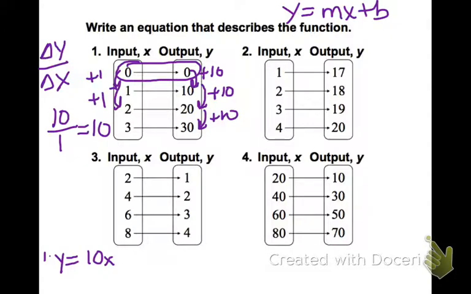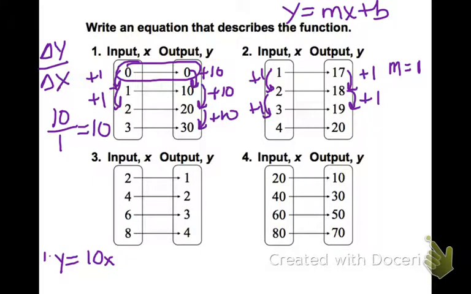Looking at 2, it's going up by 1. This is going up by 1. Okay, so that would be the change in y over the change in x. So in this case, the slope m would be equal to 1.